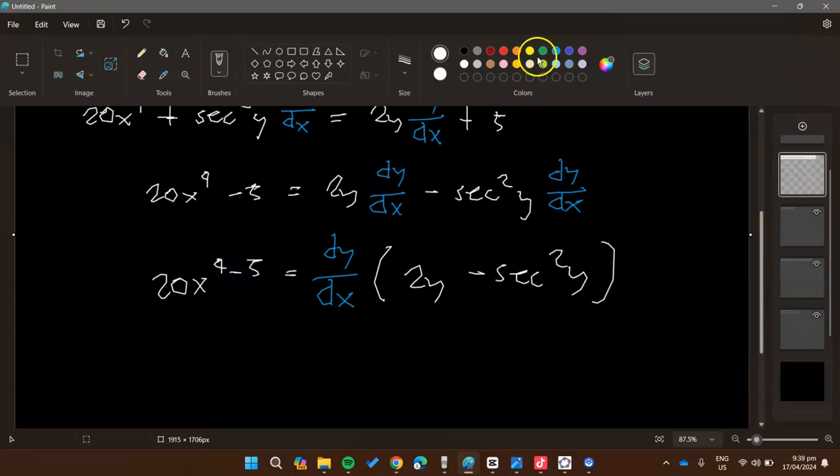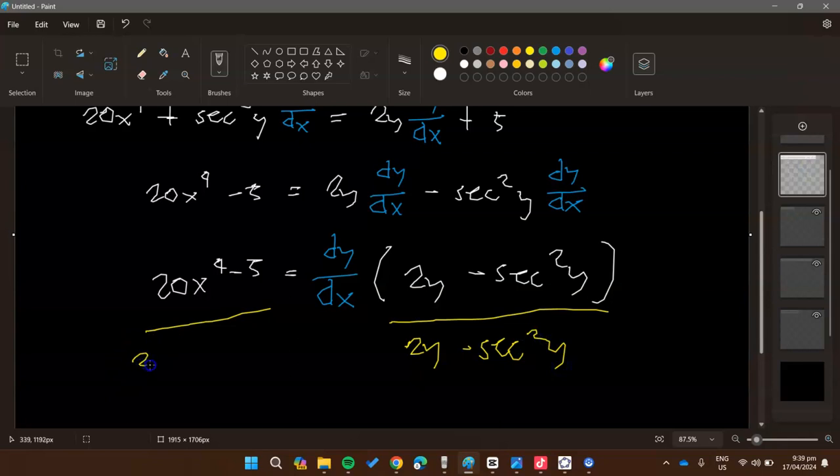And again, solve for dy/dx. What I'm going to do is divide everything by 2y minus secant squared y. So let me just, I've lost my cursor. Alright, so this is just divided by 2y minus secant squared y.